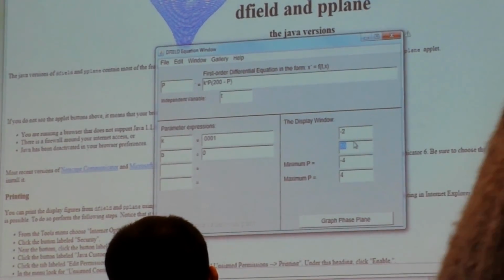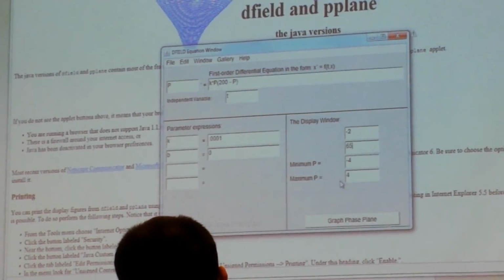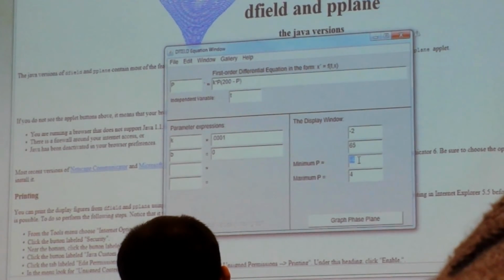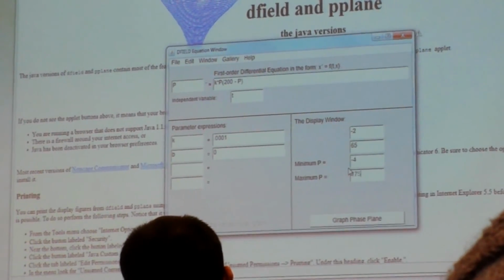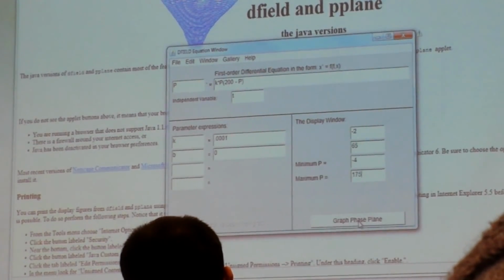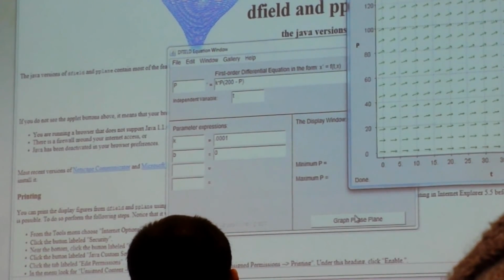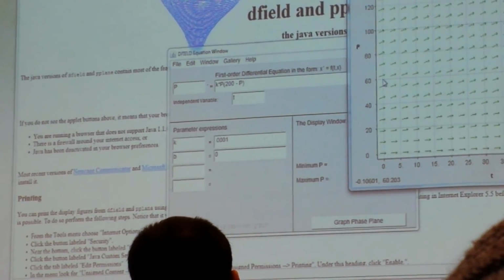So 2000 is 60. Let's go to 65. And the P represents the population. We know that at time 0 there was, what, 100 million? 100. So let's go up to, I don't know, 175 million or something up there. And then hit graph phase plane. Okay, it gives us something like that. At year 0 corresponding to 1940, there's 100 million.